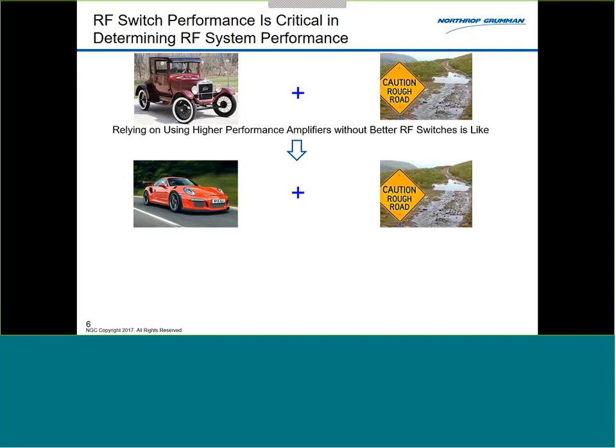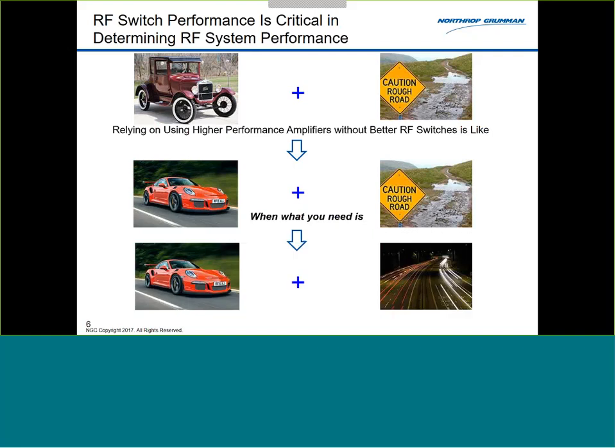The problem is that the switches are the same bad switches that people have been making for the last 30 years. And so now you have this really fantastic amplifier essentially going over a really crummy road. And so the RF switch, in this case, whether it's being used in a phase shift architecture, attenuator, et cetera, it's helping to guide the RF energy and shape it as opposed to amplify it. But those losses, of course, affect that signal.